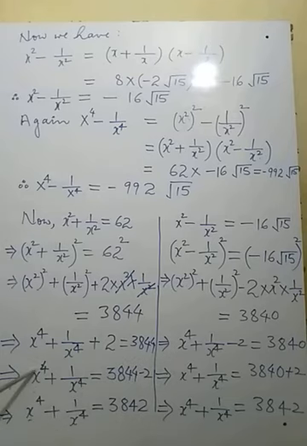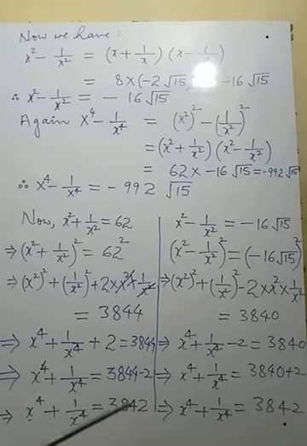So x to the power 4 plus 1 upon x to the power 4 will be in left hand side. 2 is transposed to right hand side, so it will be 3844 minus 2 here. If you simplify this, 3844 minus 2, it will come 3842. It means x to the power 4 plus 1 upon x to the power 4 equals 3842. It is by taking x square plus 1 upon x square equal to 62, and we have calculated by squaring both of the sides x to the power 4 plus 1 upon x to the power 4.